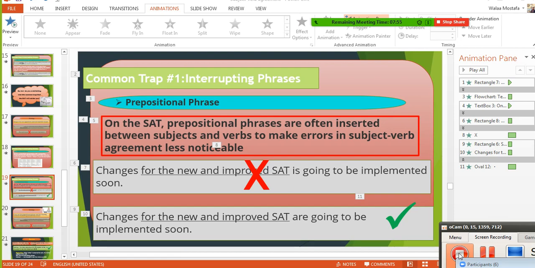Can you correct it for me, Ahmed Shinawi? Can you correct this sentence?